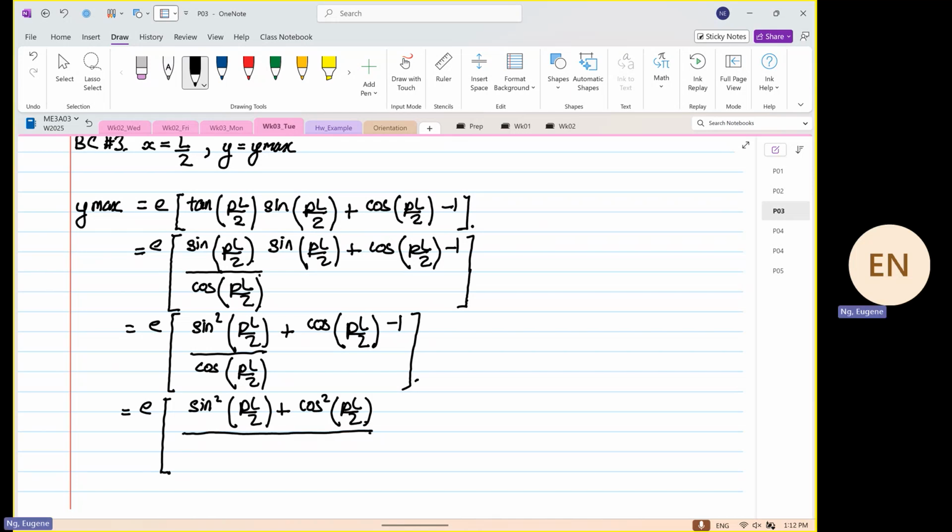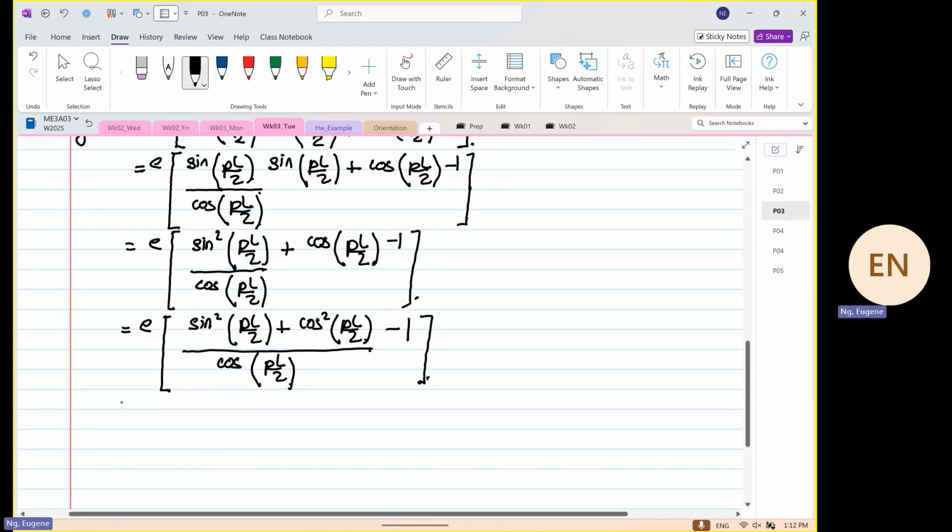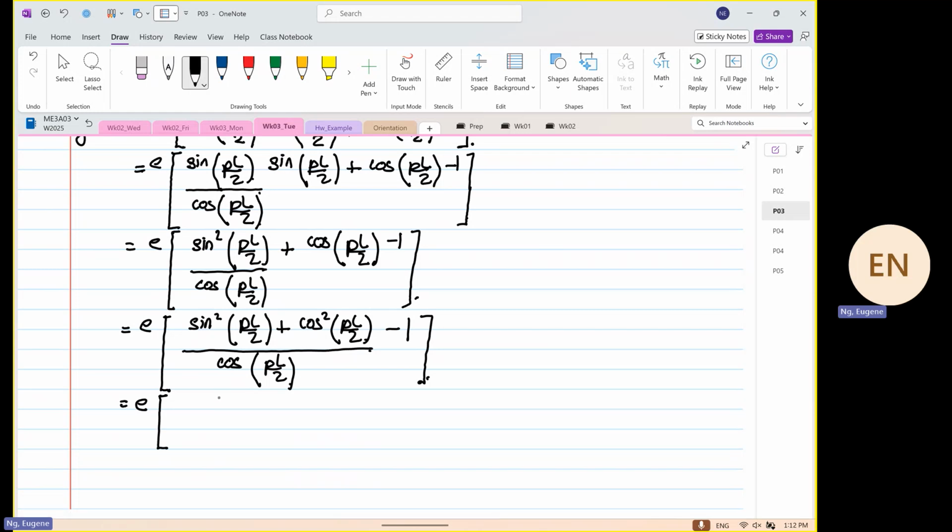And then over here, divide by cos P(L)/2. And the whole thing minus by 1. So this comes out with an expression, sine squared P(L)/2 plus by cos squared P(L)/2 is 1 over cos P(L)/2, and the whole thing minus 1.